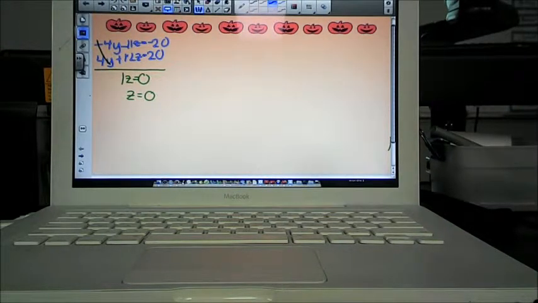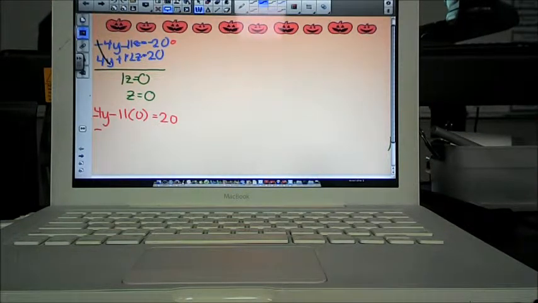We need to plug z back into one of our new equations, not the original ones. I'm going to choose the first one. So plugging it back in is negative 4y minus 11 times 0 equals negative 20.